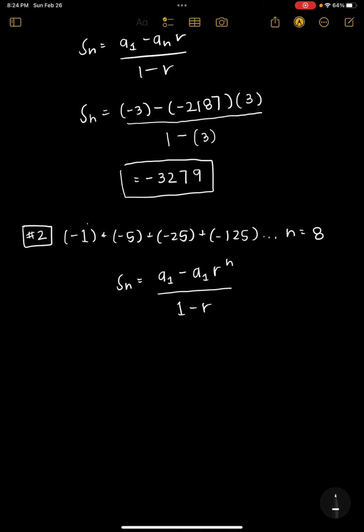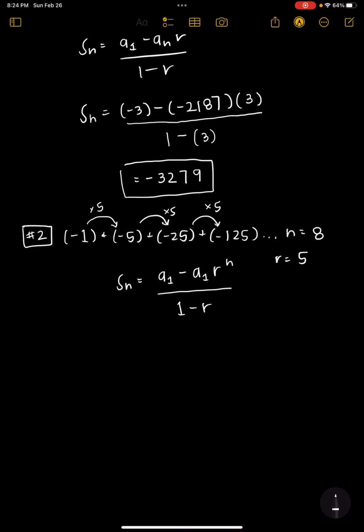To go from negative 1 to negative 5, because it's going from a negative to a negative, I'm not multiplying by a negative, because that would flip the signs. It's multiplying by a positive, and to go from 1 to 5, I multiply by 5. To double check, 5 to 25 is also multiplying by 5, and 25 to 125 is also multiplying by 5. So we know that r is equal to 5.